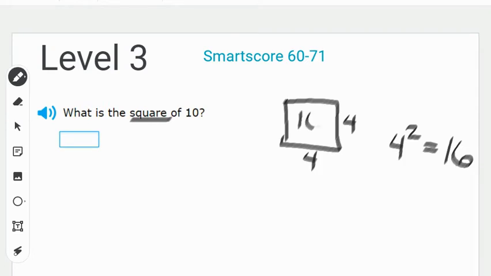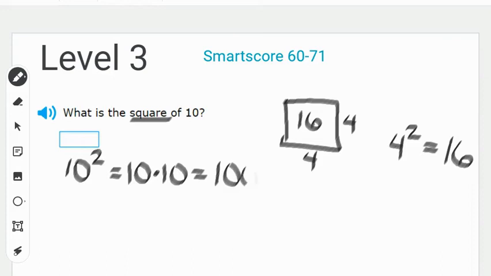This would have an area of 16 units squared. So there's a reason why we call it square. Anyway, this would be 10 to the second power, which is 10 times 10, which is 100.